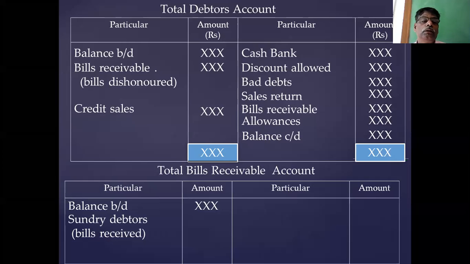It is a posting. It is already shown on the credit side of the debtors account as bills receivable. The credit side of the debtors account, bills receivable, comes on the debit side of the bills receivable account as sundry debtors.